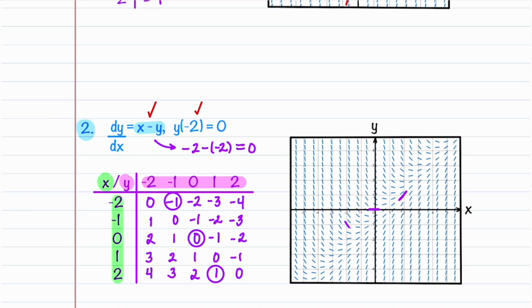That's our initial condition. When x is -2, y is equal to 0. That's this point right here. And our solution curve is going to look like this. As we move toward the right, our solution is going to move toward the line y is equal to x.